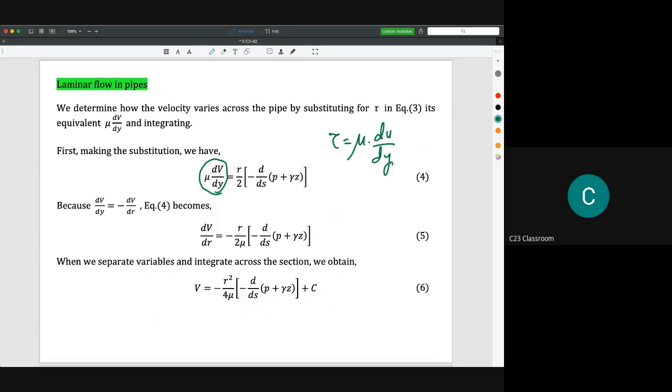We just replace the u with the capital V here, so it's okay, it's just terms. Here we are actually working from the continuity equation.